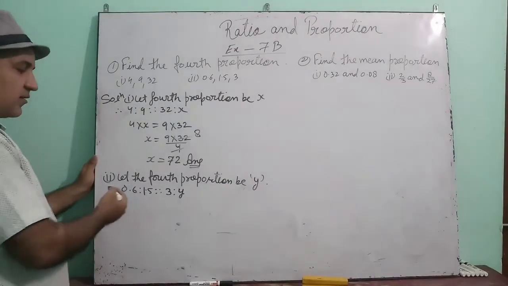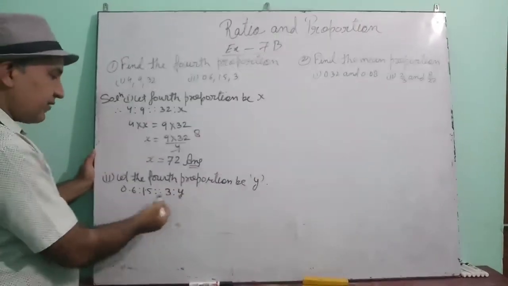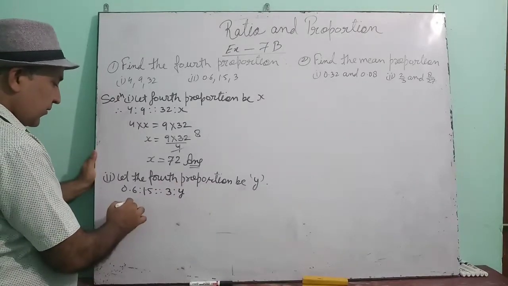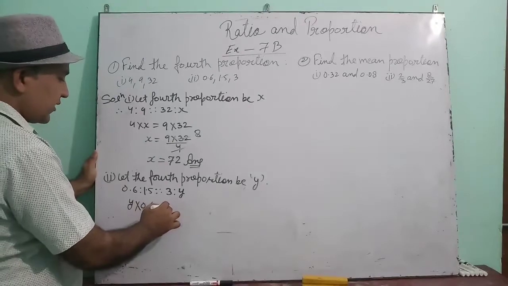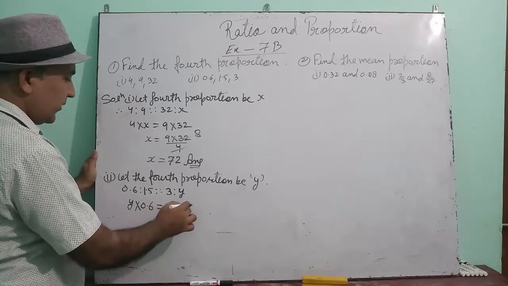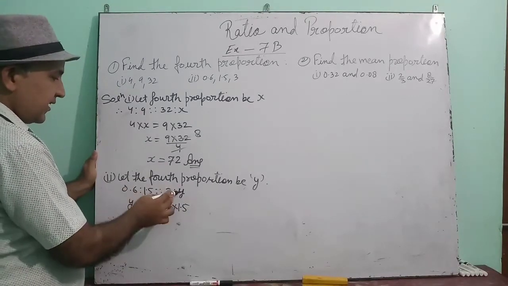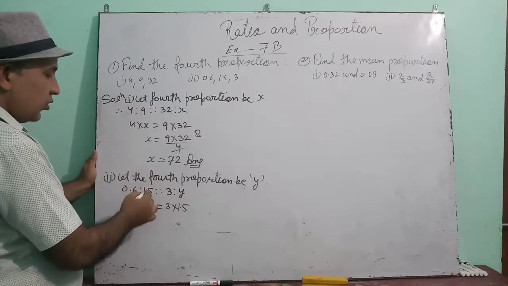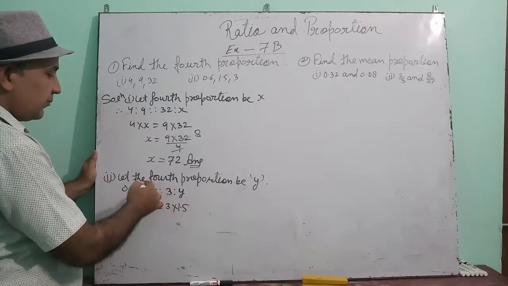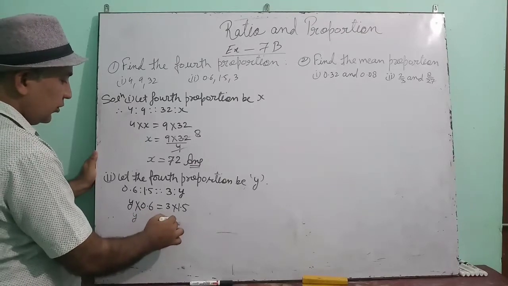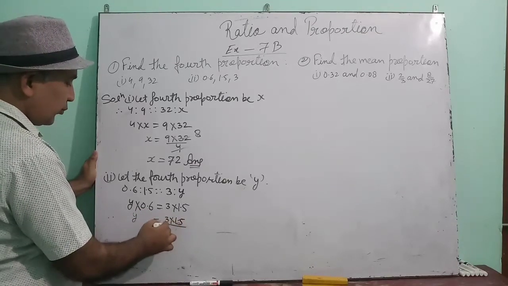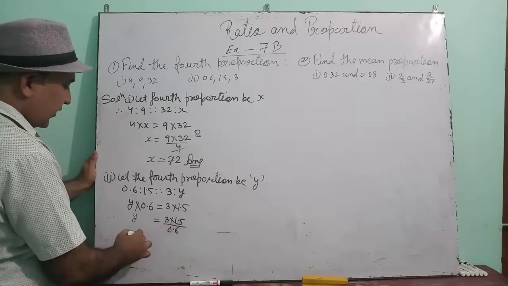Okay? Since numbers are in the proportion, we can write in this way. Now use the formula. Product of extreme is equal to product of mean. 0.6 and y. These are the extreme numbers. 1.5 and 3. These are the mean numbers. So from here y is equal to 3 into 1.5 upon 0.6.